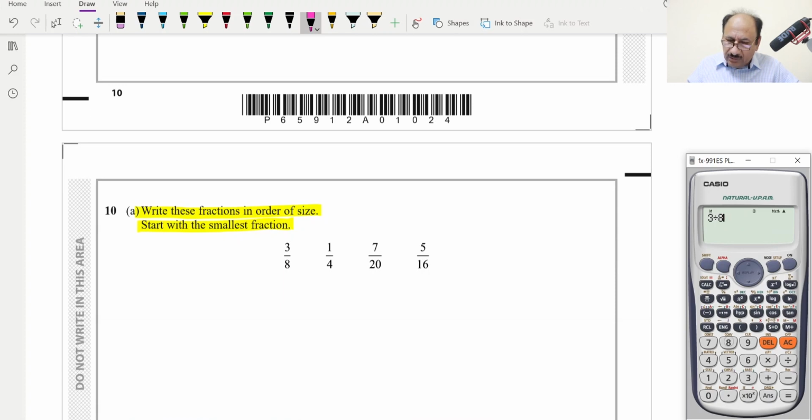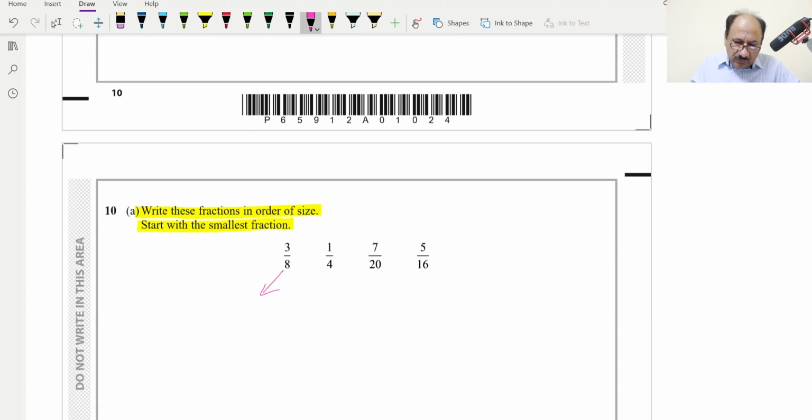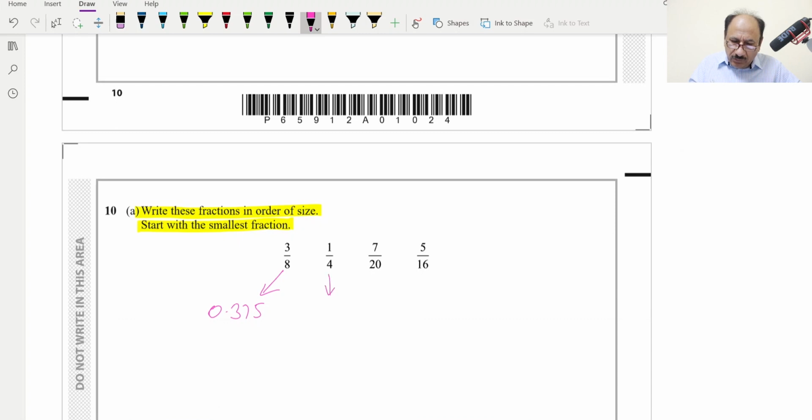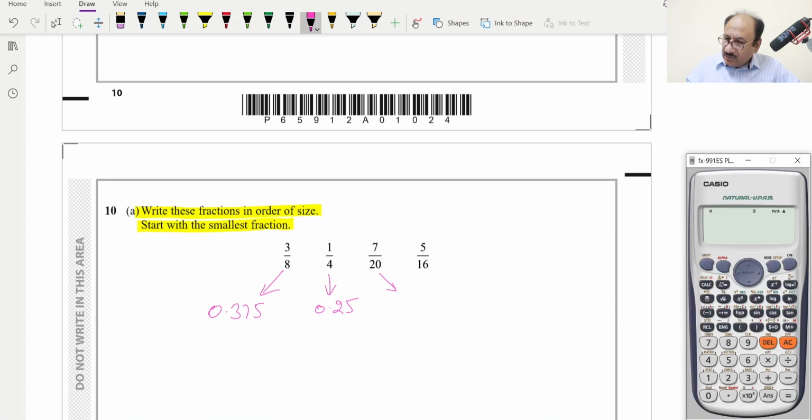3 divided by 8 in decimal form will be 0.375. We have written this. Next is 1 by 4, so 1 over 4 will be equal to 0.25. Similarly, this one also we can check in fraction format, so decimal format will be 0.35.